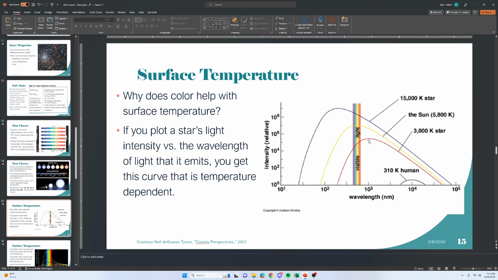The plants that are going to evolve under this 3,000 Kelvin star are going to evolve to be green for these, right? And they're going to be absorbing all the other colors. So our visible light, our red, would fall on the foliage there and just be absorbed.